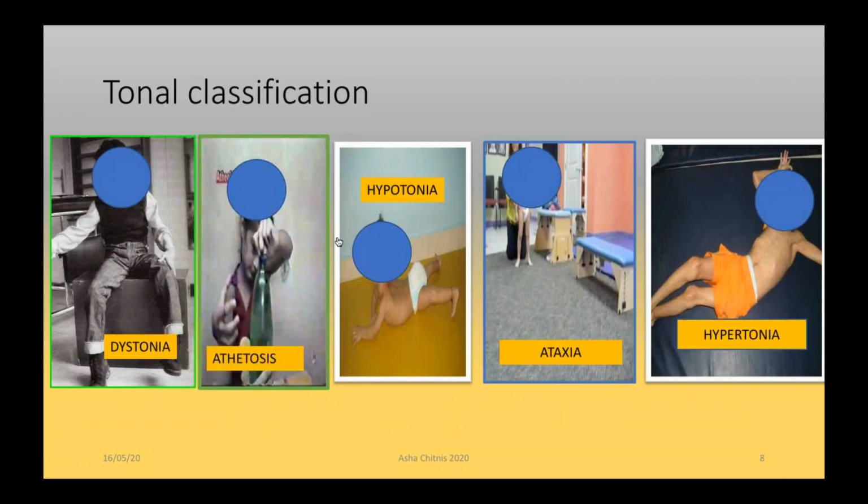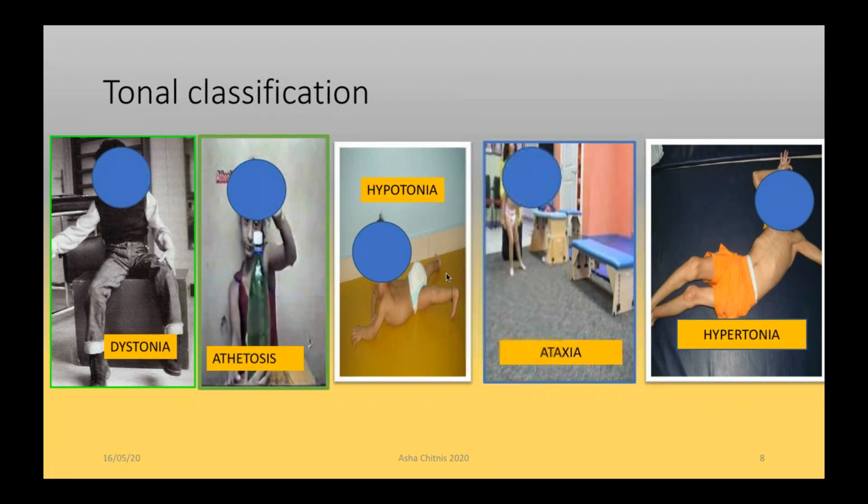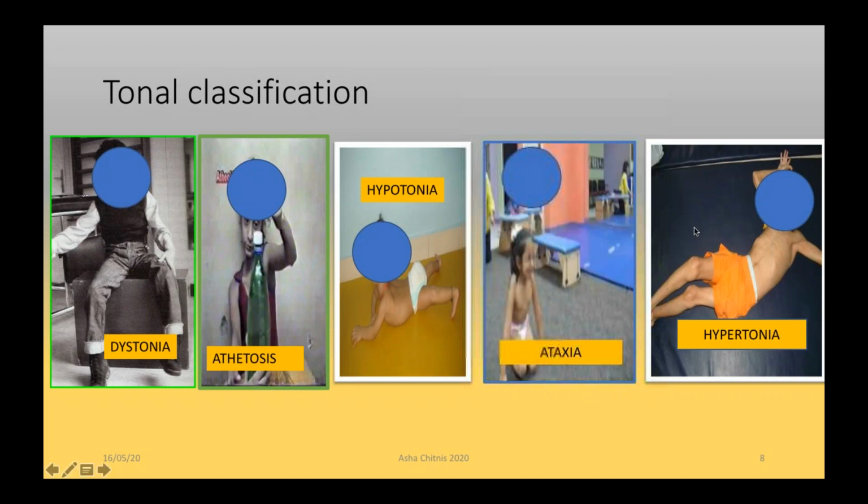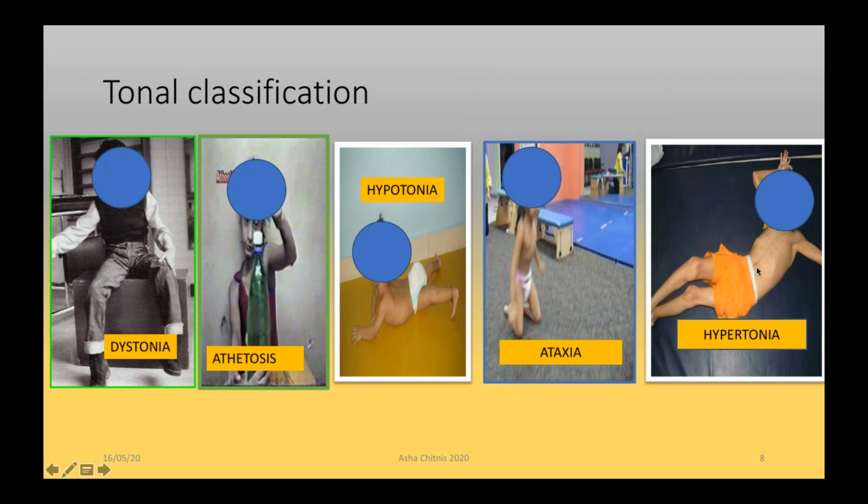When you see generalized hypotonia, this is hypotonia, and this is ataxia, where you see a child trying to perform activities but losing his balance and falling. You will always need to look at every kid that comes to you, what kind of tone and what kind of topographical classification the child has.